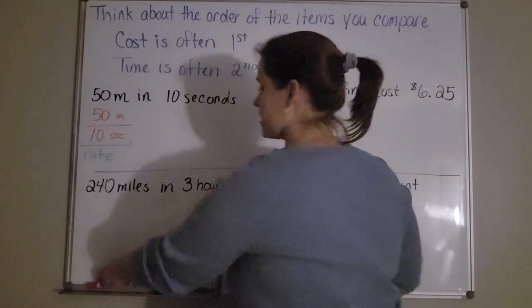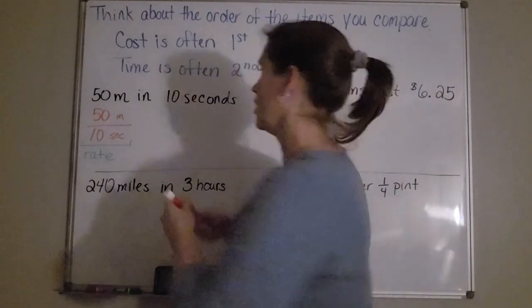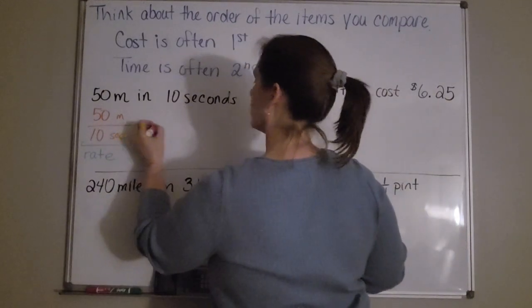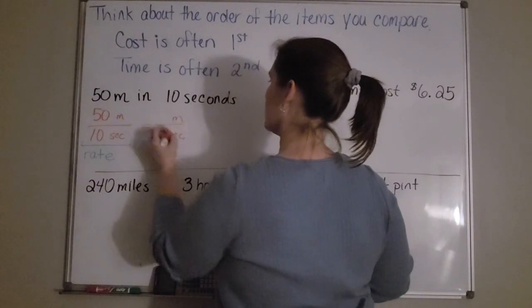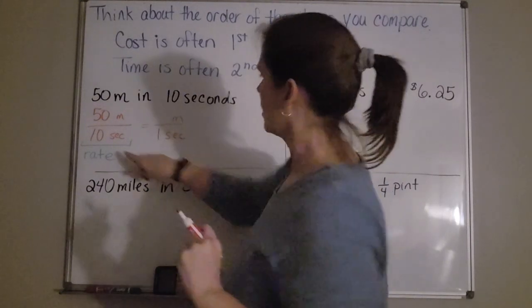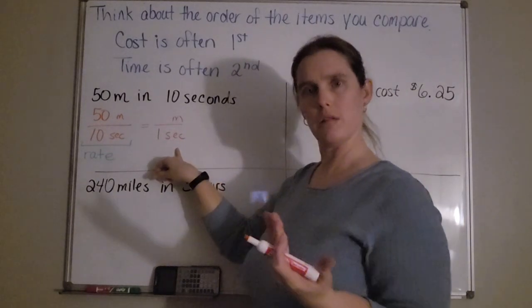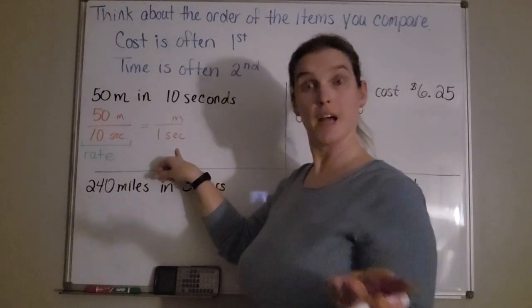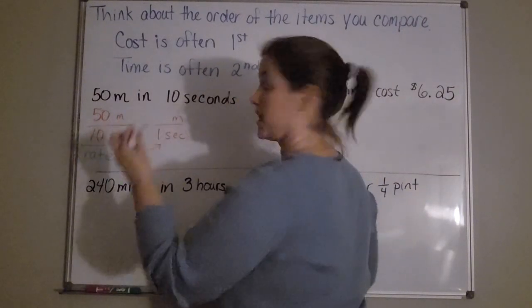Now, we said our unit rate always has a denominator of 1. So we want to figure out in 1 second, how many meters do we travel? Well, what do you have to do to 10 to get to 1? You have to divide by 10. That's right. Pretty sure I heard you guys all just saying that out loud right now.